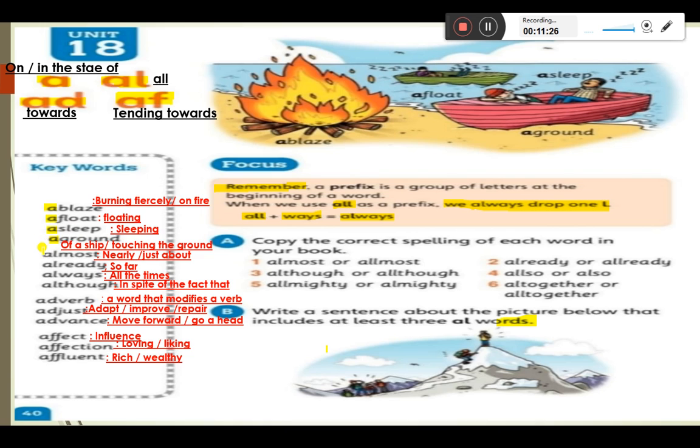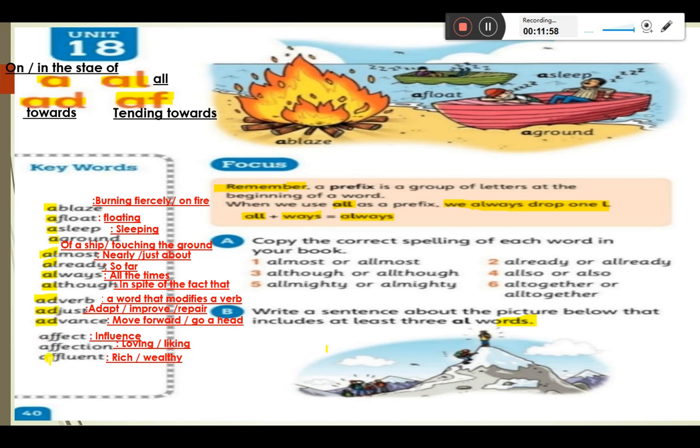Let's highlight the prefix all in each of the words of the second group: almost, already, always, although. In the third group we have add, like adverb, adjust, to modify something, and advance, to go ahead.